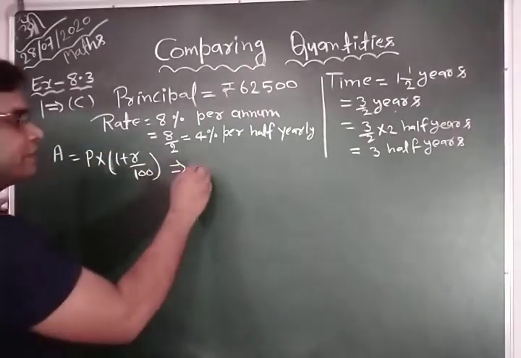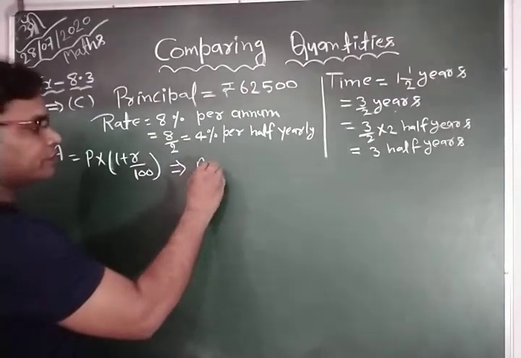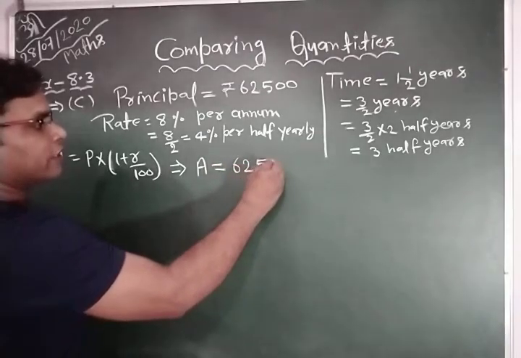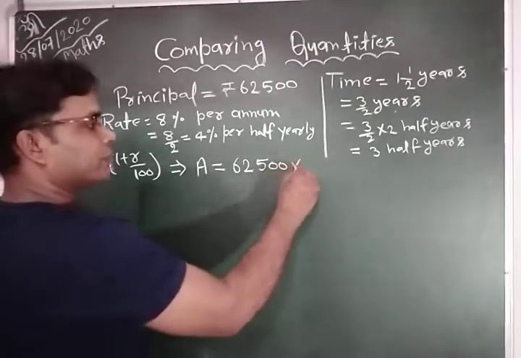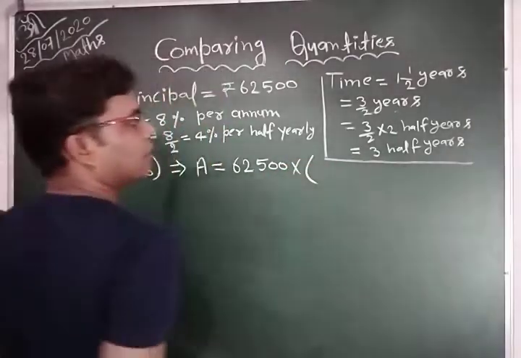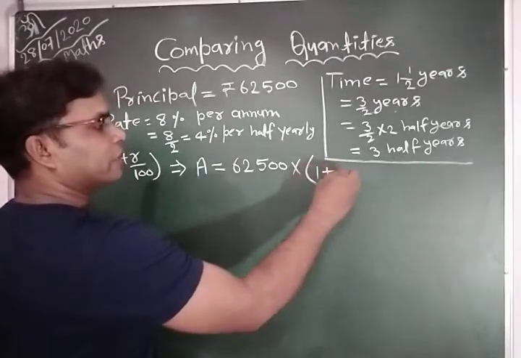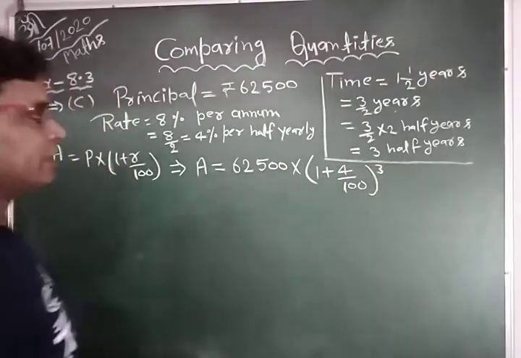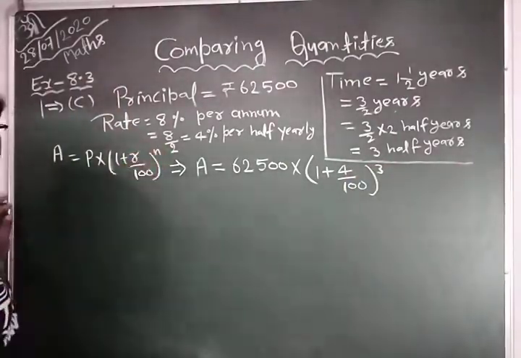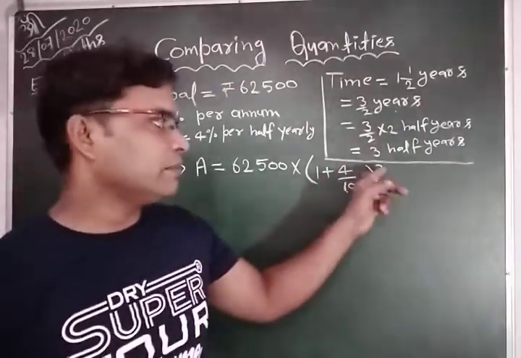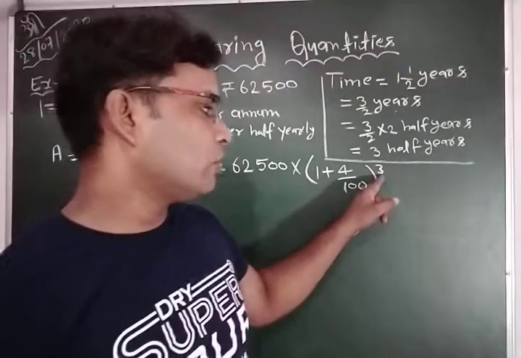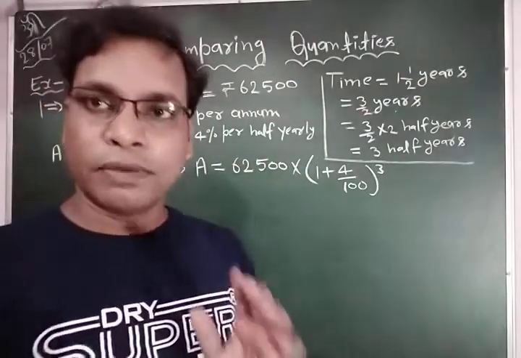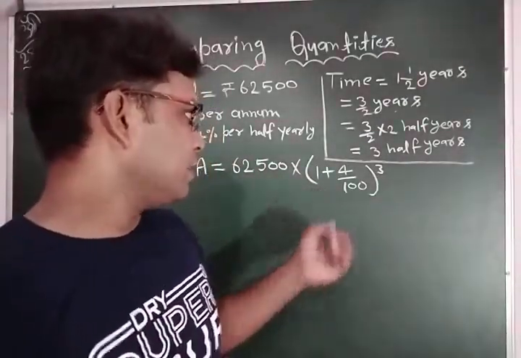We put the value of P: amount is equal to 62,500 into (1 plus 4 by 100) to the power 3. Here n is time, so we put n as 3 half years, and the rate is 4% per half year.